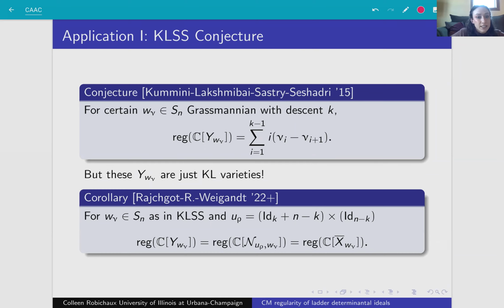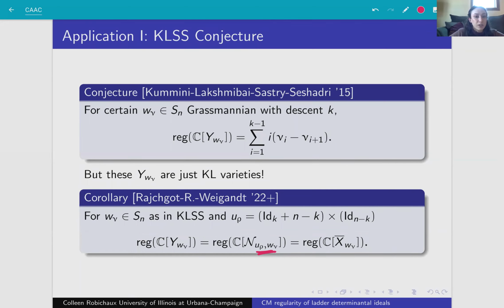But the varieties they were looking at are also Kazhdan-Lusztig varieties. In particular, when you apply the map I was talking about on the previous slide, the vexillary permutation that maps to this Grassmannian pair is precisely a Grassmannian matrix Schubert variety. So using our theorem, we were able to correct their conjecture.